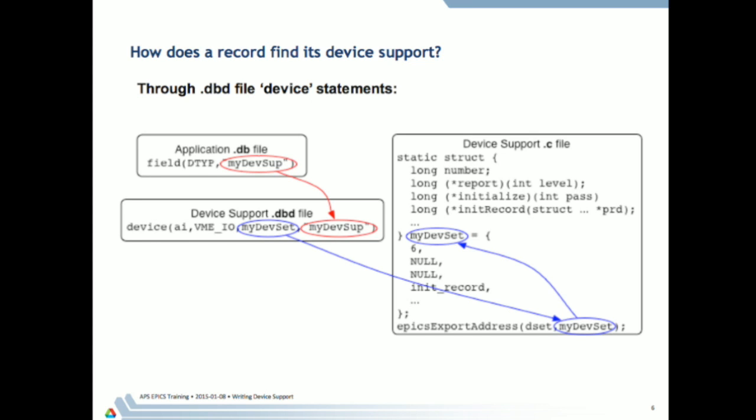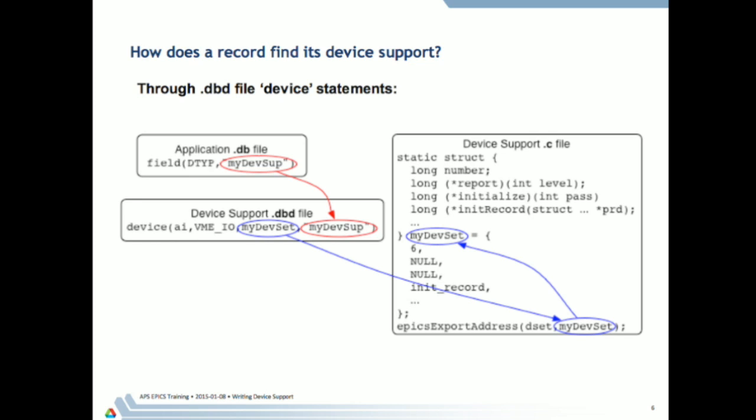So the third argument then is the name of a symbol, a C symbol, which is actually compiled in. So in the device support C file on the right-hand side there, you see we actually declare my dev set, and we put it in an epicsExportAddress statement.